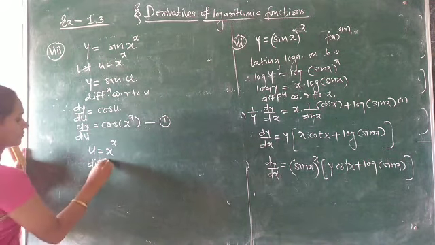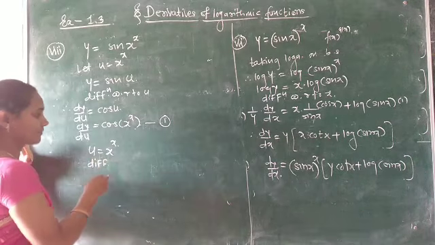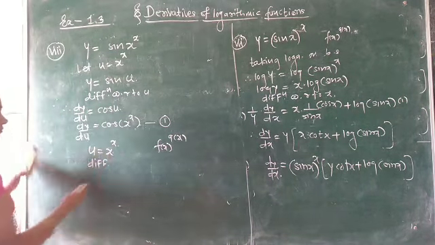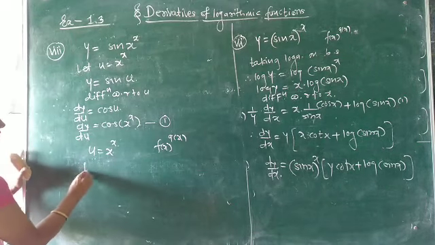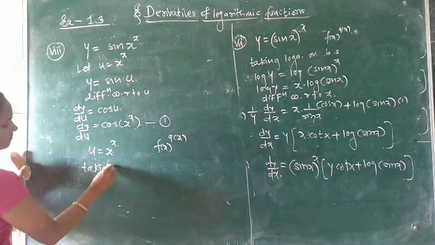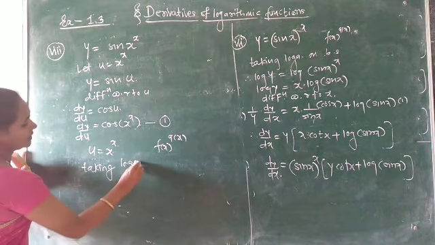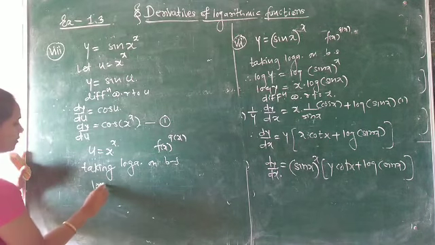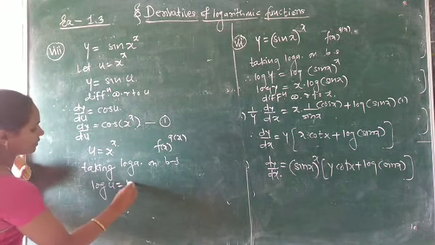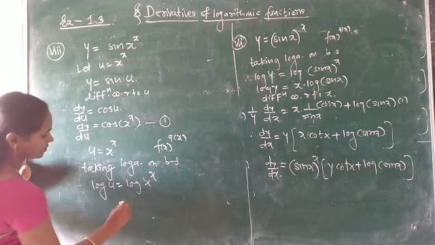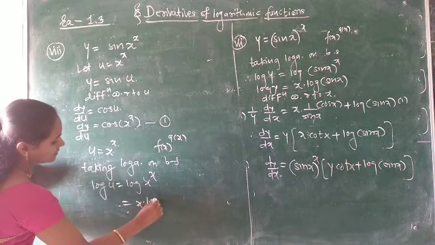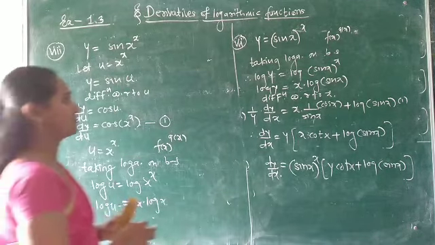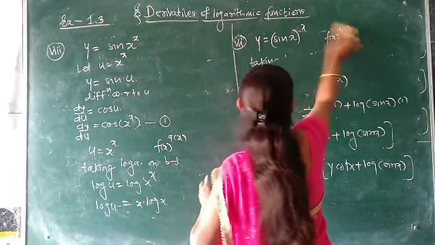Differentiate with respect to x. But here we can't find the derivative directly because this is of the form function raised to function. So taking logarithm on both sides, log u is equal to log of x raised to x, and this can be written as x into log x.